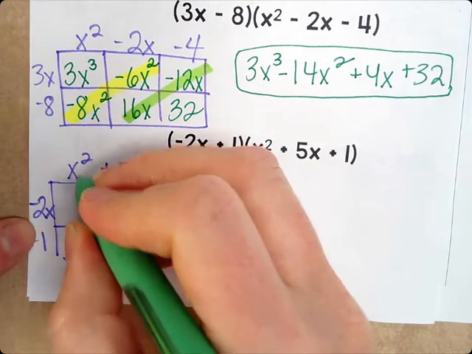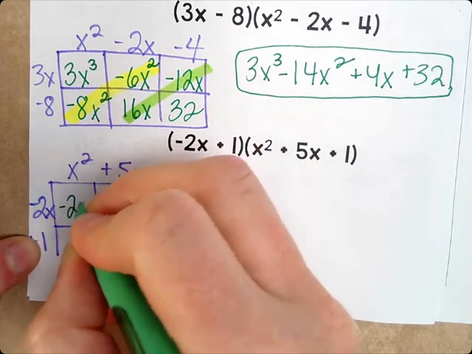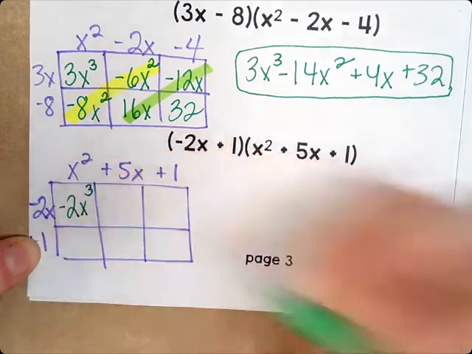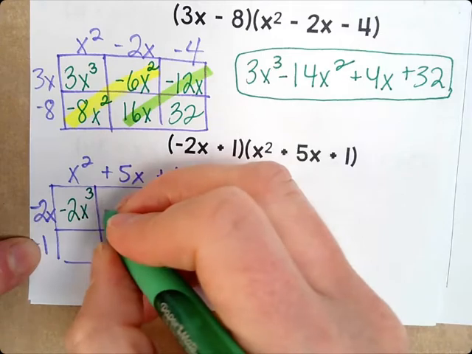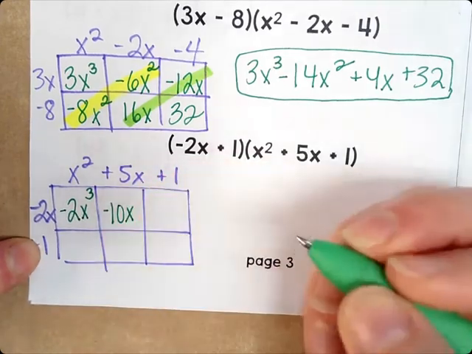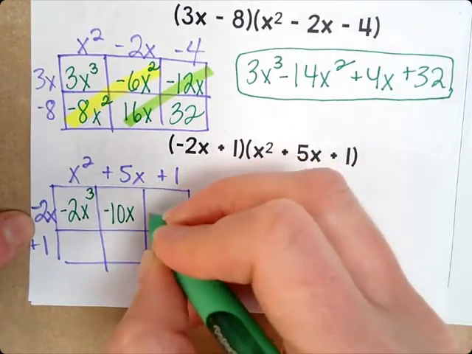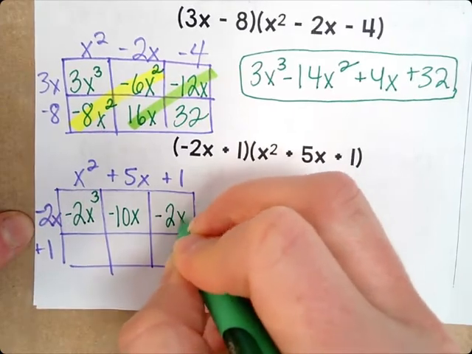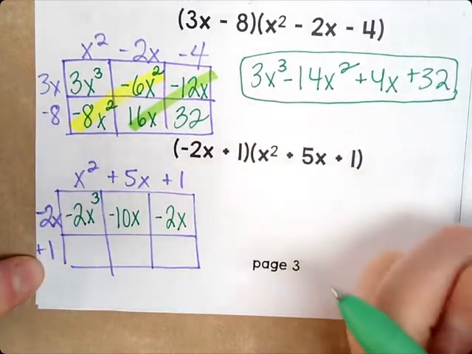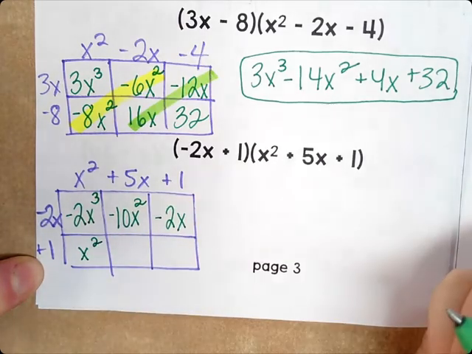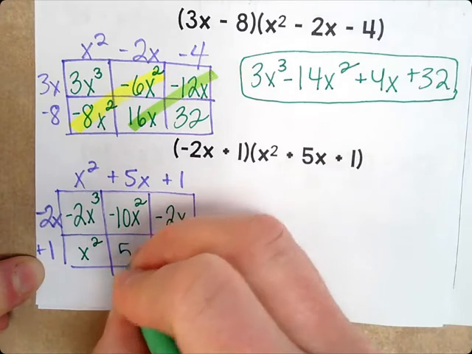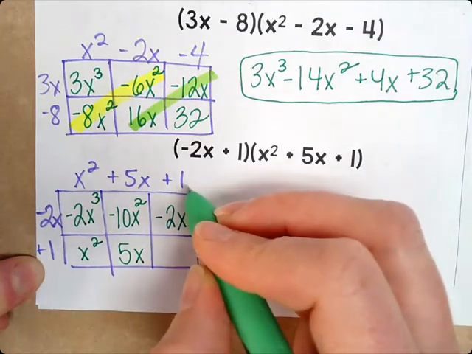Negative 2x times x squared. Negative 2x cubed. Negative 2x times 5x. Negative 10x. Negative 2x times 1. And 1 times x squared. 1 times 5x. And 1 times 1.